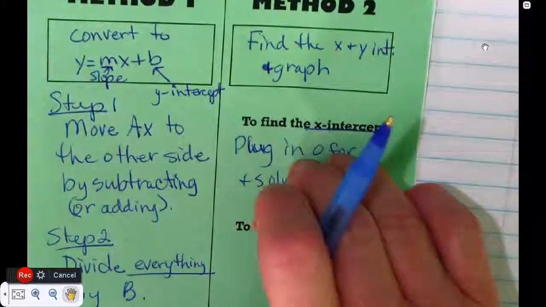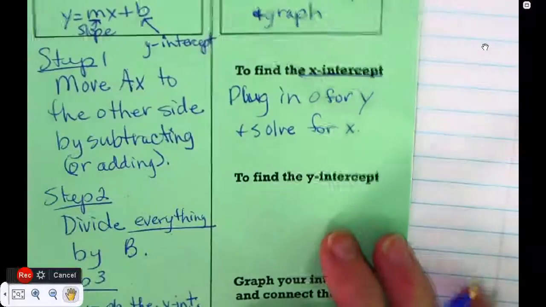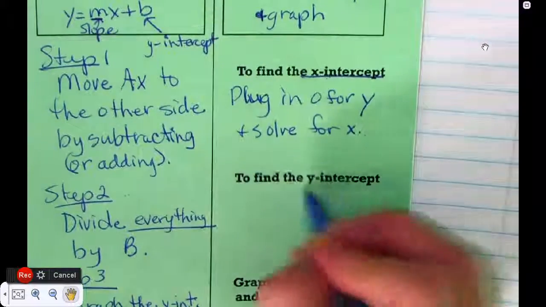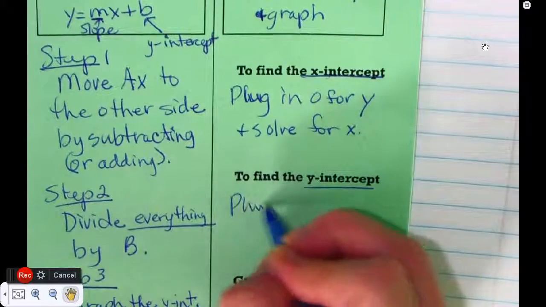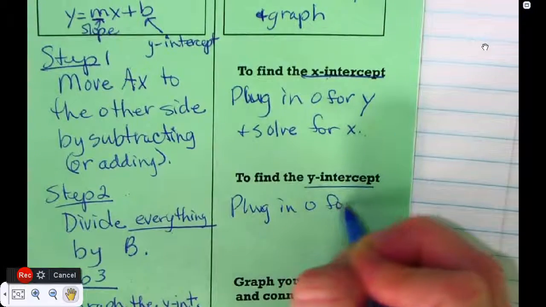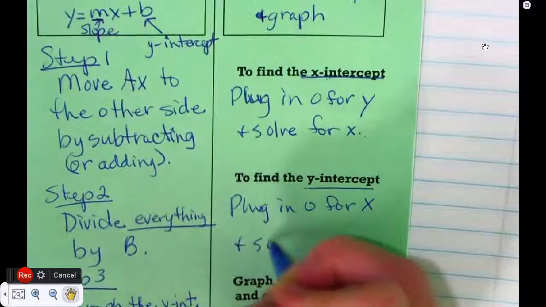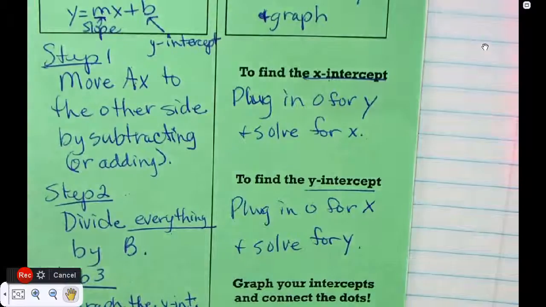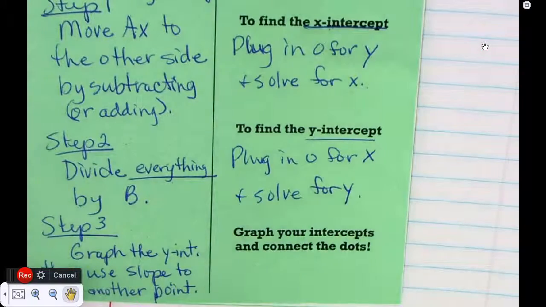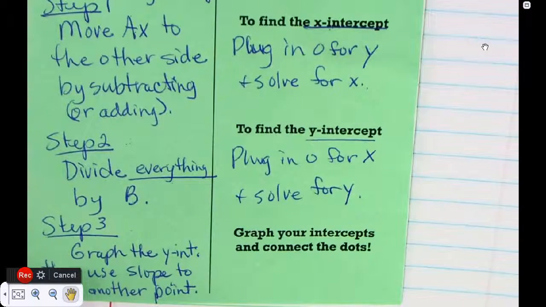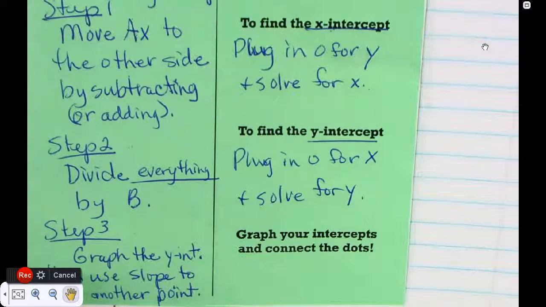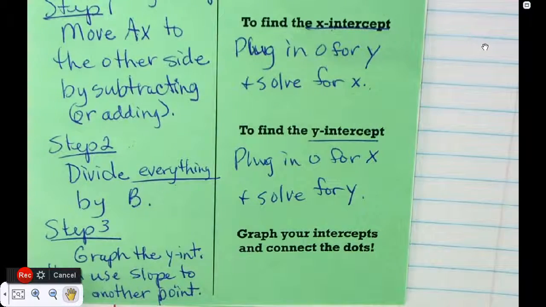This is going to be your last resort. Plug in 0 for y and solve for x. To find the y, you're going to plug in 0 for x and solve for y. And then you just graph the intercepts and connect your dots. That's how you're going to have to graph.